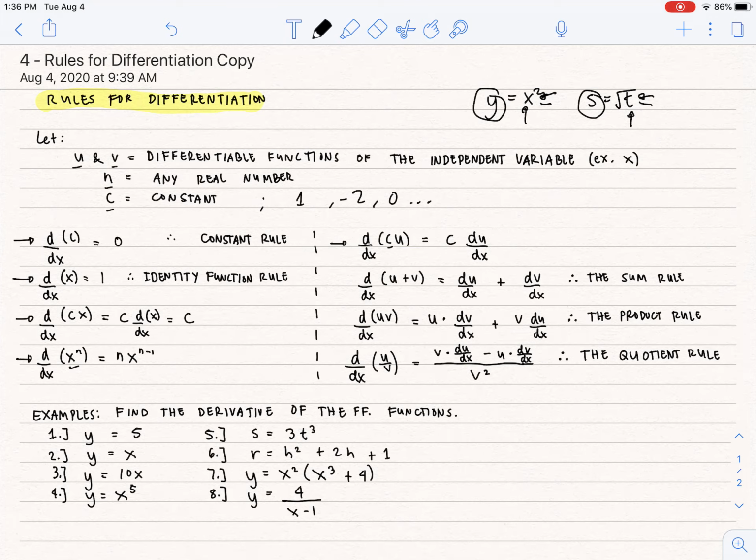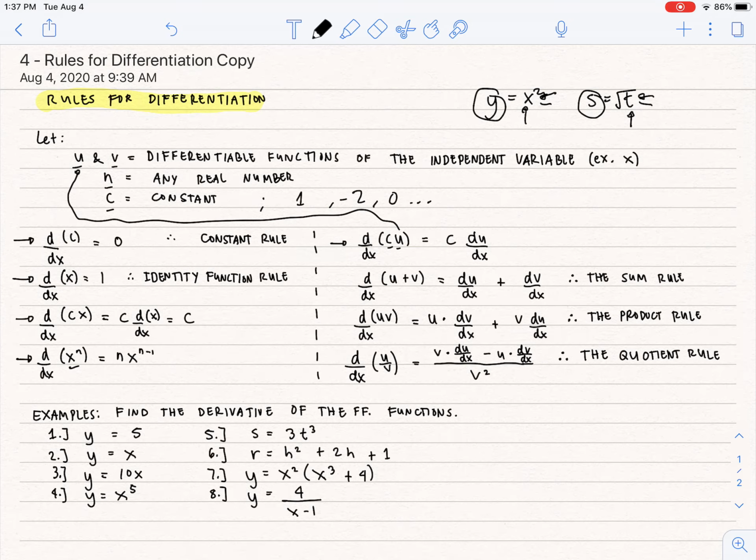Okay. Next, number 5, the derivative of c multiplied by u is just, once again, ipagawas na po ng c. Then ato ang i-derive ang u with respect to x. So ningon ko ganiya na dapat kung unsa ang nadiri mao pud ang nadiri, di ba? Pero if ato ang i-recall, u is just a differentiable function of the independent variable x.